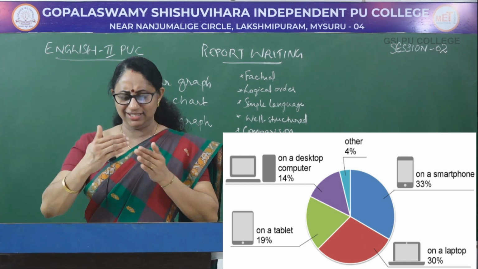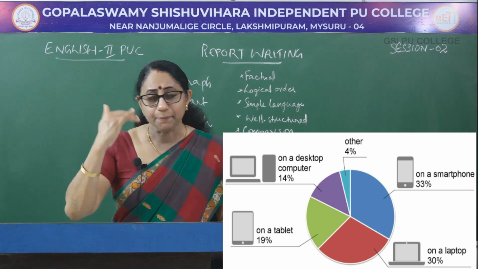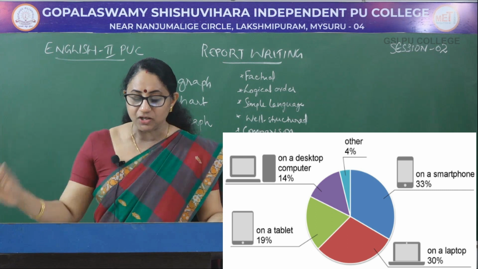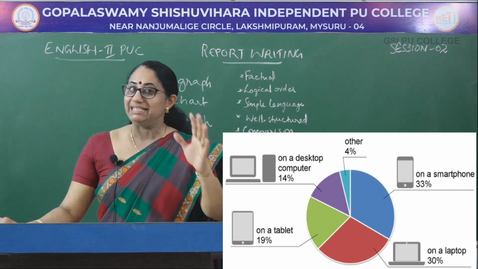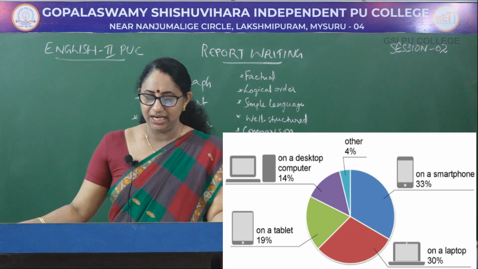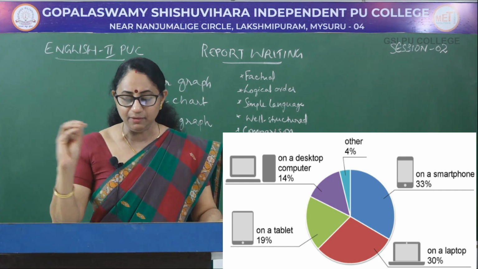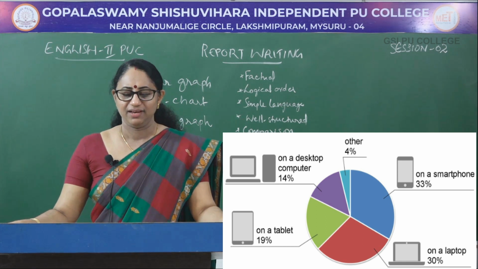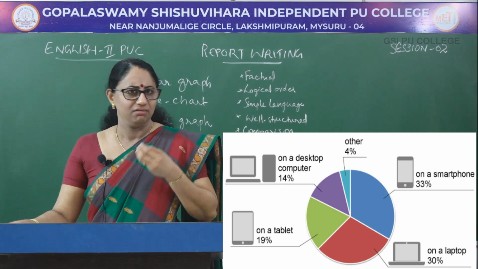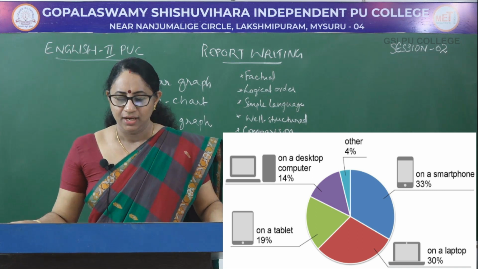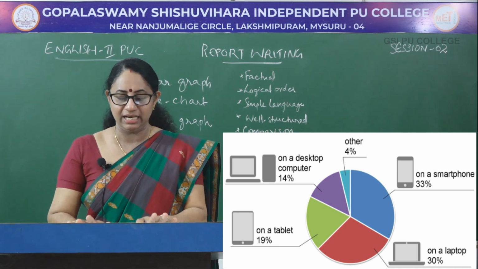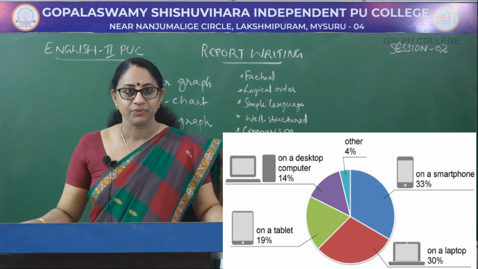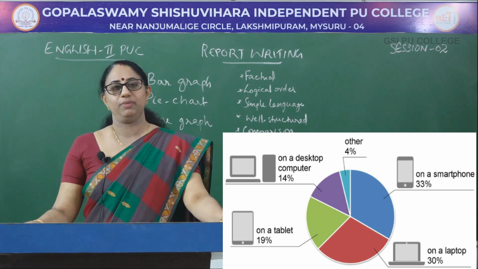Now, just close to it, 30% prefer to use laptops. 14% preferred to use desktops to use internet, and 19% preferred to surf internet on tablets. And there are some other devices, just 4%. So this pie chart tells that there are 5 components. The percentage is mentioned. Now we have to write a report based on it.